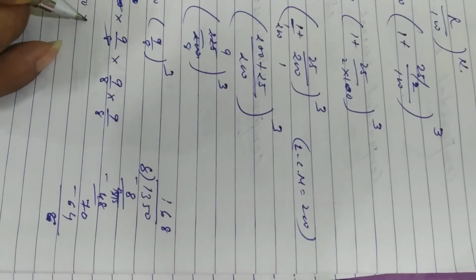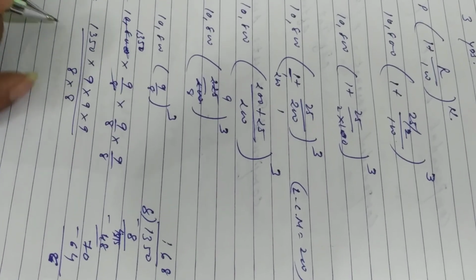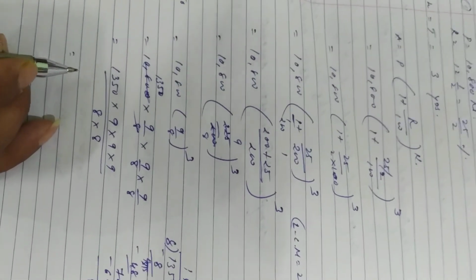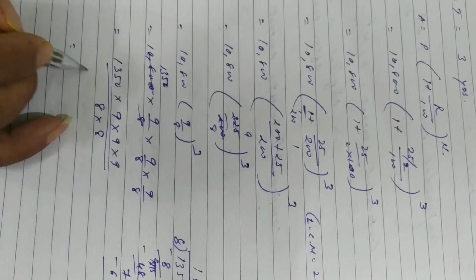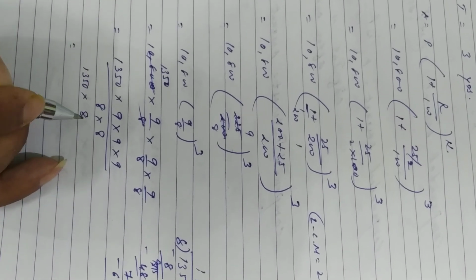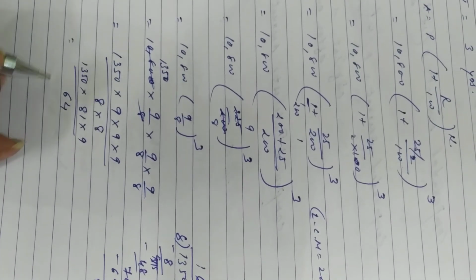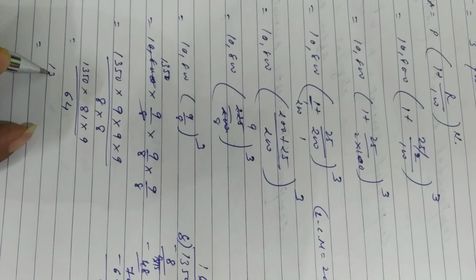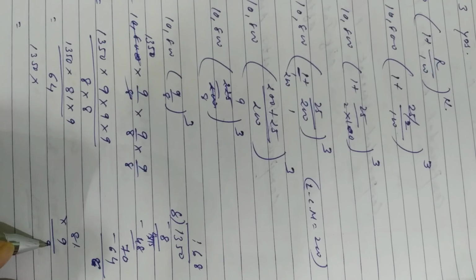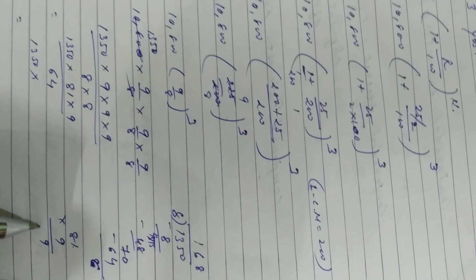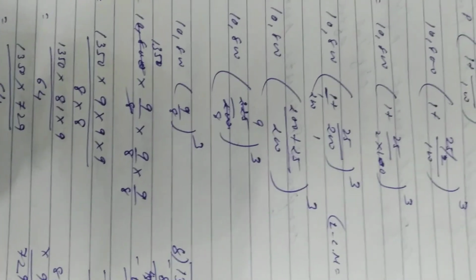So 1350 multiplied by 9 multiplied by 9 multiplied by 9 upon 8 multiplied by 8 multiplied by 8, is equal to 1350 multiplied by 9 nines are 81 multiplied by 9, 8 eights are 64, is equal to 1350 multiplied by 81 multiplied by 9, 9 ones are 9, 9 eights are 72, so 729 upon 64.